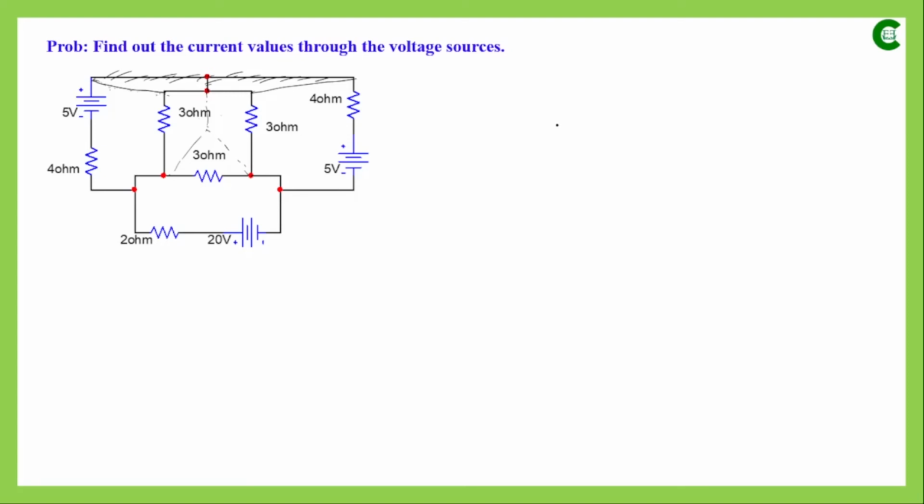So if we redraw the circuit, we will have this part as it is in the original circuit. We will have the voltage source with this polarity, then a resistor, and then this point and this point.